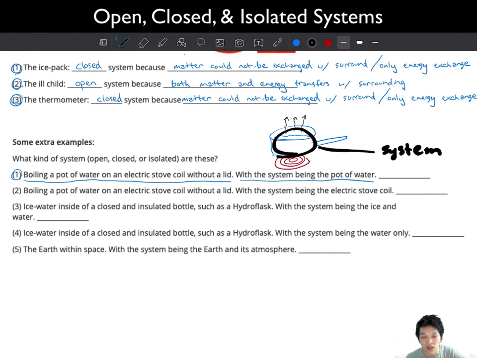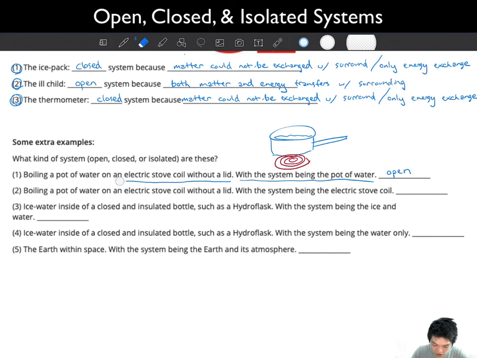You can also technically put something into the pot as well, so you can be gaining matter as well. So in this type of system, you have an open system because it can gain and lose energy, and it can gain and lose mass or matter. So this is an open system.